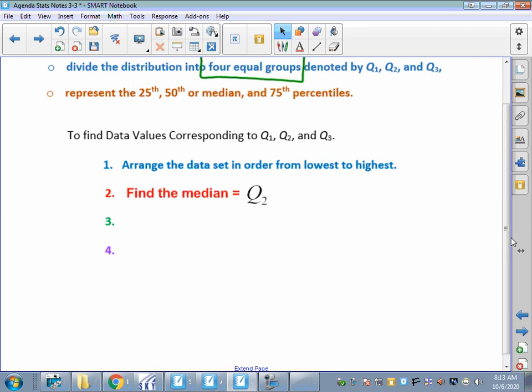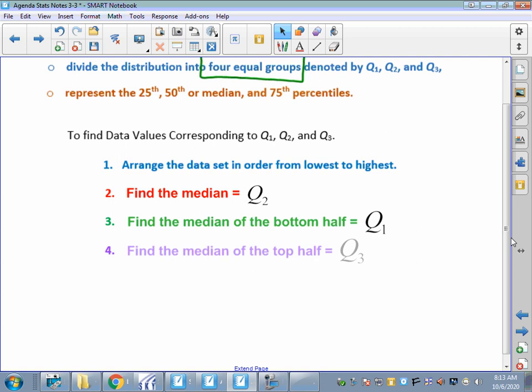You're going to find your median, Q2, so you're going to count from the outsides in. A lot of people find their own way to do this. Then you're going to say, all right, here's the median that cuts my data in half. So now I'm going to find the median of the bottom half, which is Q1, and the median of the top half, which is Q3.